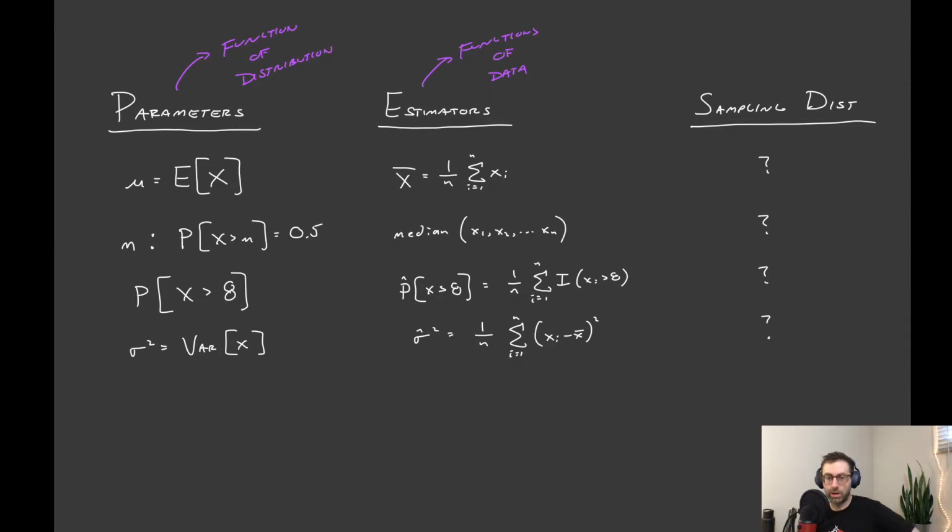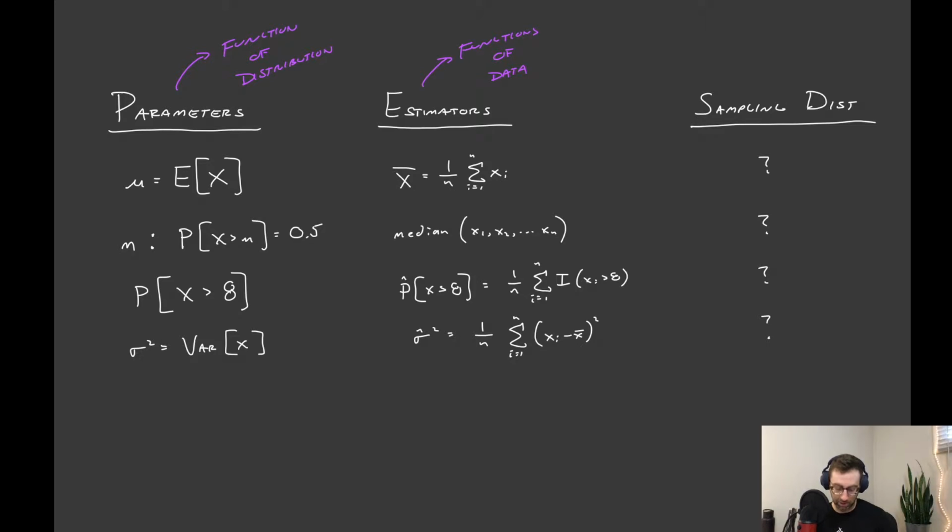We're not going to go through how these estimators were derived. But the natural estimator for the population mean is the sample mean. The natural estimator for the true population median would be the sample median. That's what this notation I've used here is. A natural estimator for the probability that an observation is greater than 8 uses the empirical distribution function.